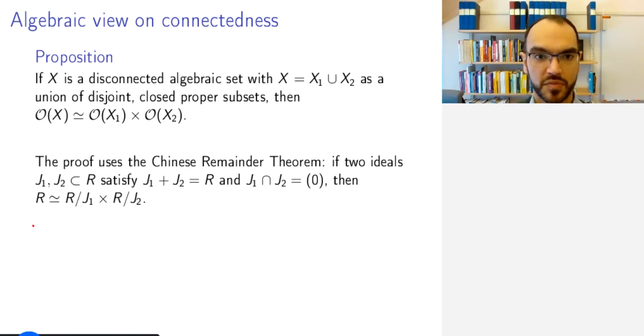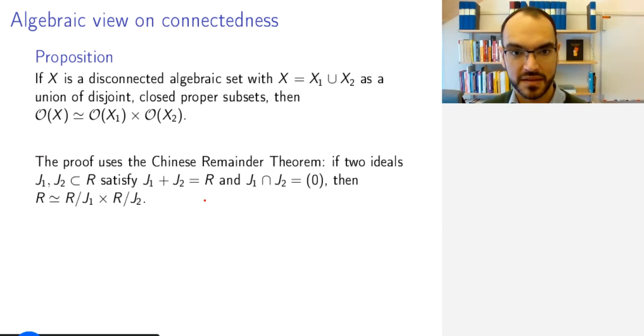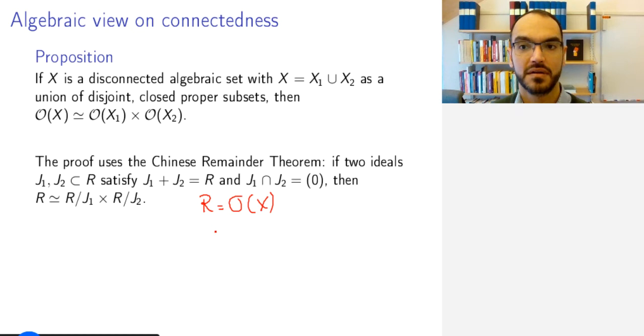So we want to show that these properties hold for the things we are interested in. To do that, we take the ring R to be the coordinate ring of our algebraic set X, and we take Ji to be the ideal that defines either of these two algebraic subsets. So Ji will simply be the vanishing ideal of these Xi for i equals 1 and 2.